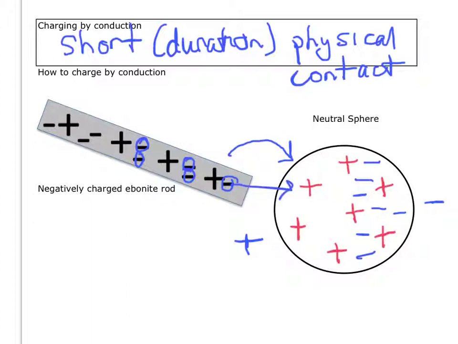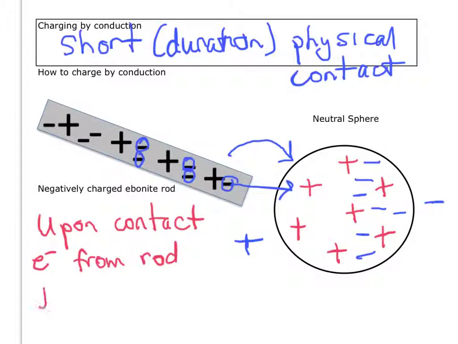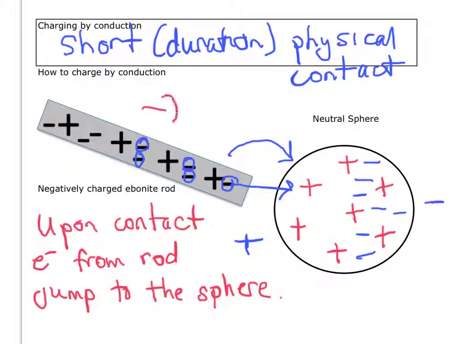Typically, the contact duration is not quite long enough, and because the rod was negatively charged to begin with, you generally end up with the rod still negative, and the sphere negative as well, because it takes on say another 3 or 4 extra electrons.